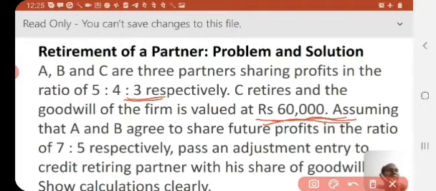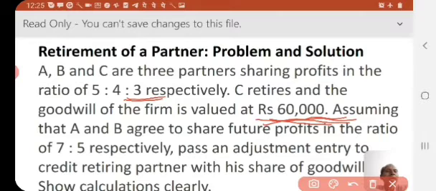Each share consists of 5,000. So C's share is 3 into 5,000, that is equal to 15,000, the share of C in the goodwill.